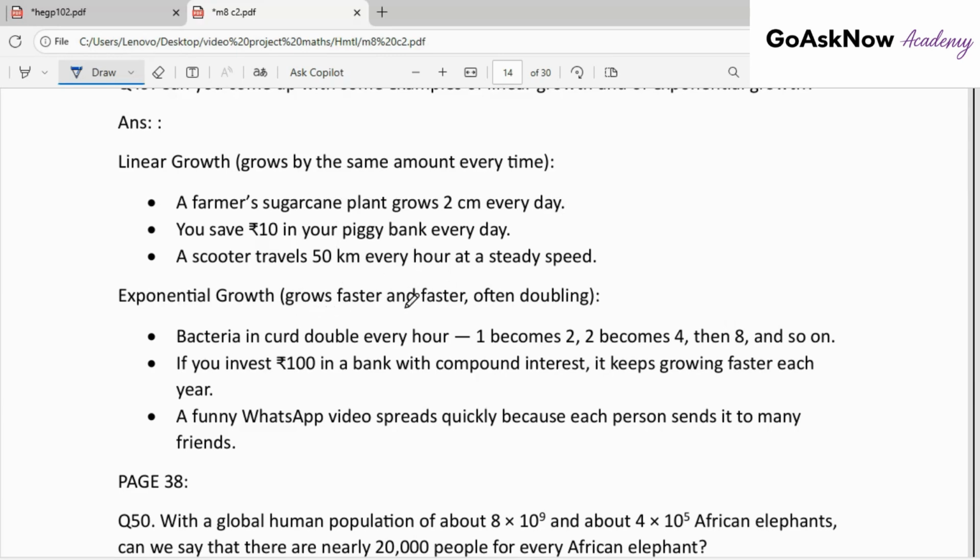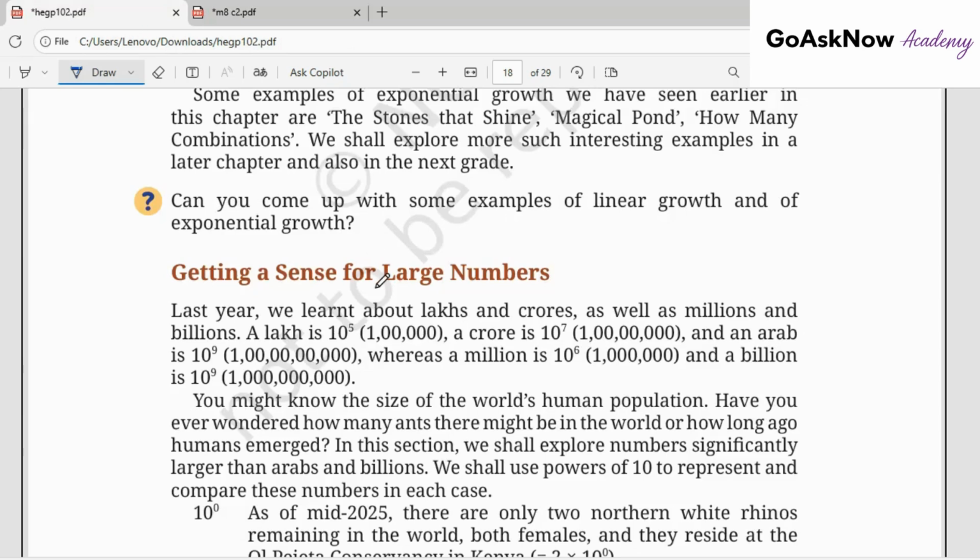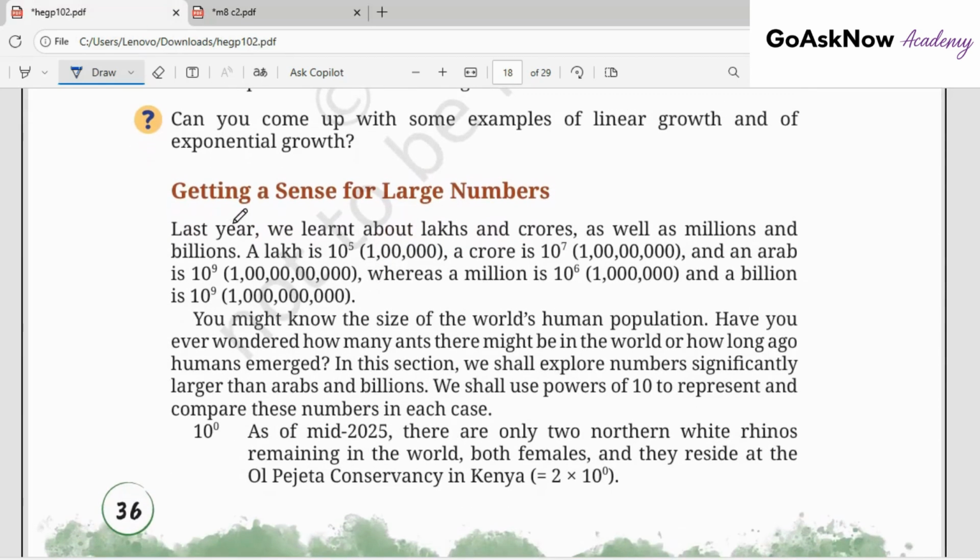Exponential growth grows faster and faster, often doubling. In curd, bacteria double every hour. 1 becomes 2, 2 becomes 4, 4 becomes 8, and so on. If you invest 100 rupees in a bank with compound interest, it keeps growing faster each year. The funniest WhatsApp video spreads quickly because each person sends it to many friends. These are examples of linear and exponential growth.